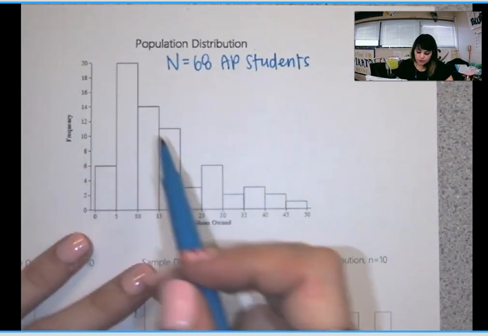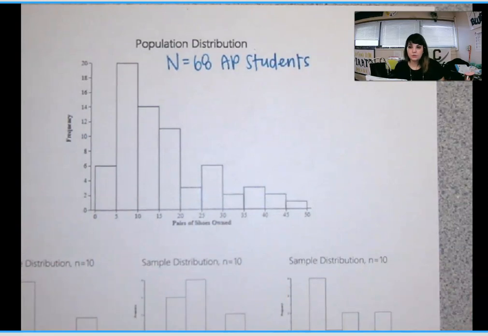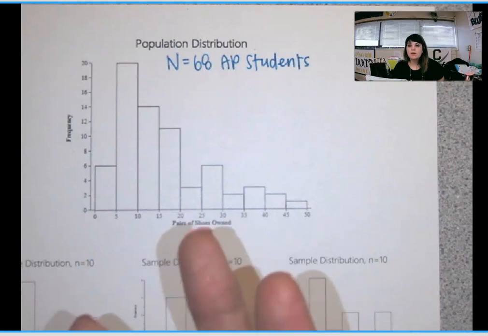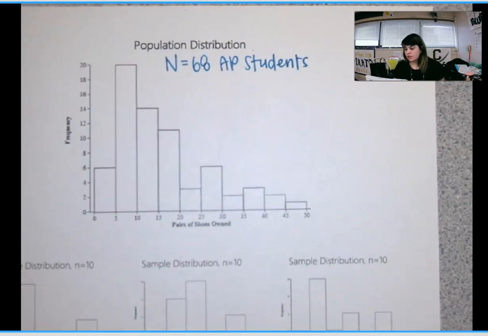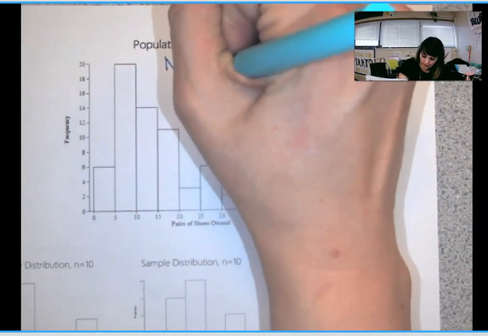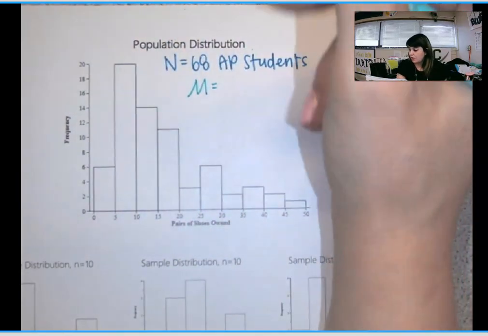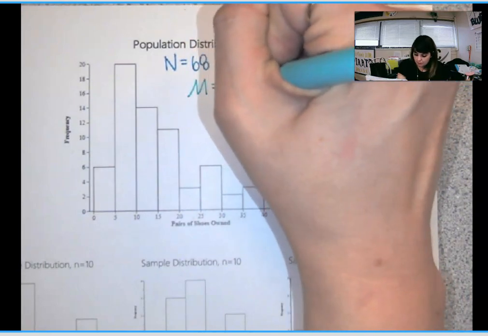This distribution is right skewed, as you can see. But for this one, maybe we want to estimate the average pairs of shoes AP students own. So I know the average from when we did this problem. The true average of this population is 15.4.